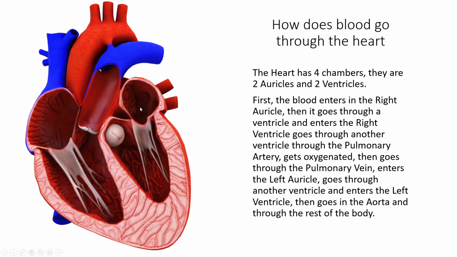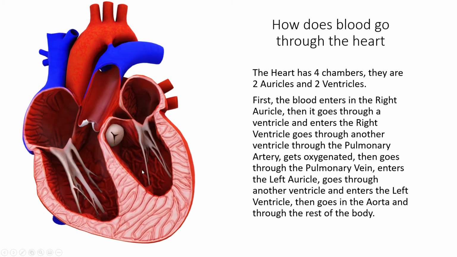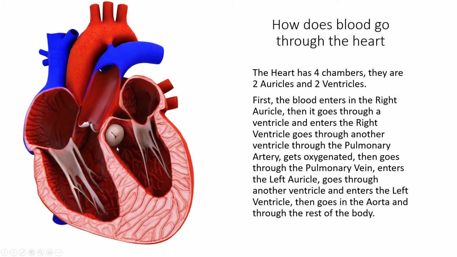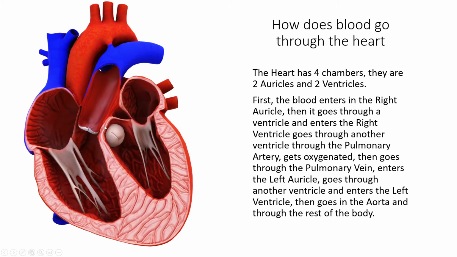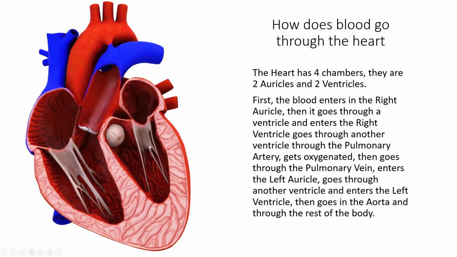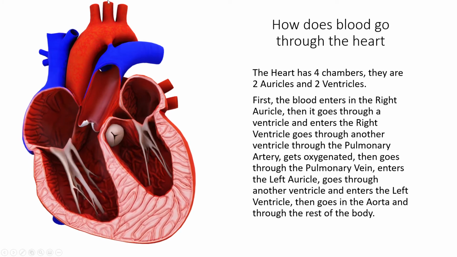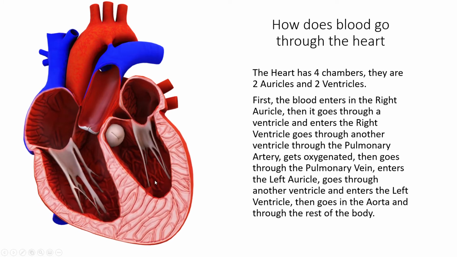Okay, then it goes through another ventricle, enters the left ventricle, enters another ventricle, goes in the aorta and through the rest of the body. Okay, so that's the cycle.